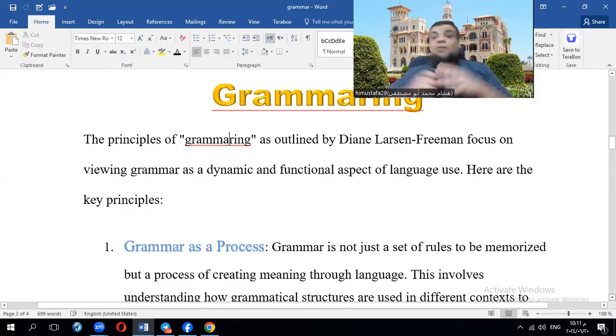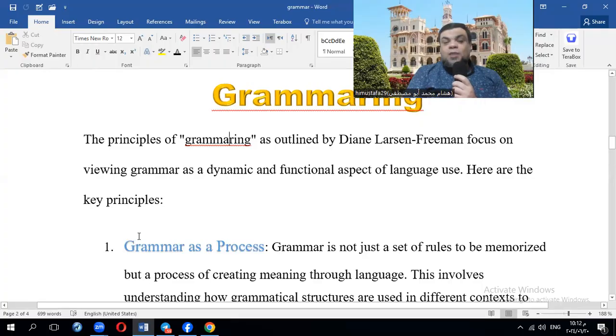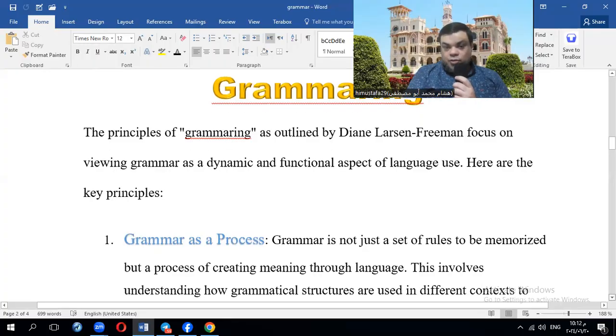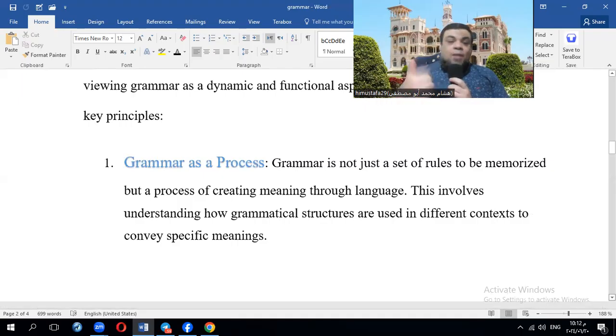What are the principles of grammaring? How is grammar conceptualized according to Larsen-Freeman? Grammar is conceptualized according to the following key principles. Number one, grammar is conceptualized as a process.